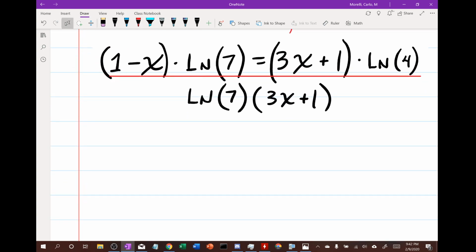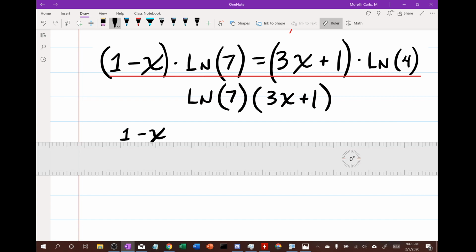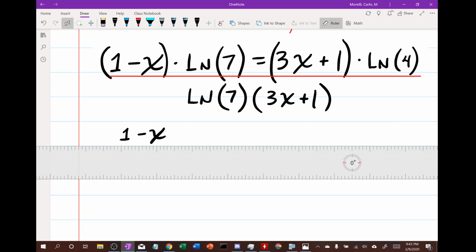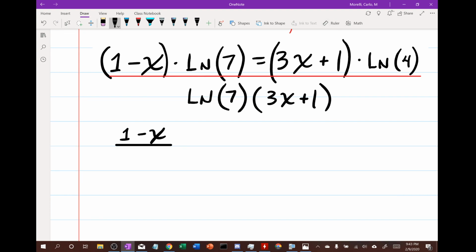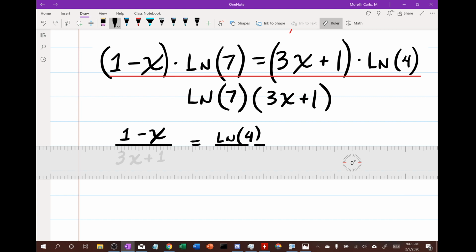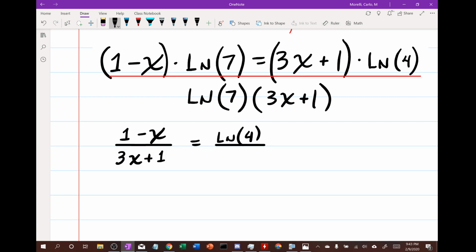And when we do that, what we'll end up with on the left side is 1 minus x over 3x plus 1 equals the natural logarithm of 4 over the natural logarithm of 7.